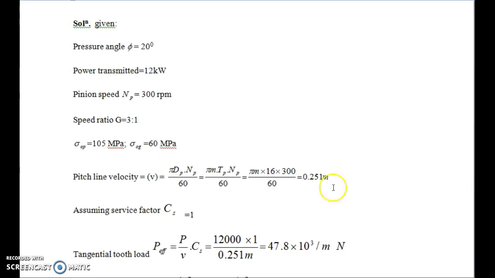So first we calculate the pitch line velocity. Pitch line velocity, as I already discussed, is equal to pi D N upon 60. This pitch line velocity is the same for the gear and pinion, so we are calculating for the pinion because the speed of the pinion is given here. Write down pi Dp, the pitch circle diameter of the pinion, multiplied by the speed of the pinion divided by 60.